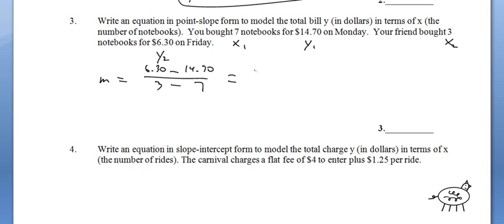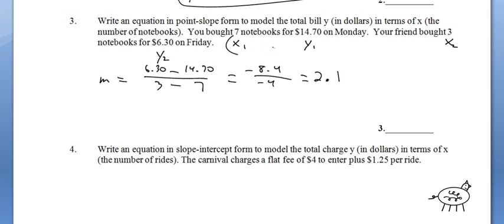That gives me negative 8.4 over negative 4, and I reduce that, it's 2.1. Again, use your calculator. And guys, when we're talking about money, usually it's going to be a nice little friendly decimal. In most other things, a lot of times it's just a fraction, but this is going to be a decimal.